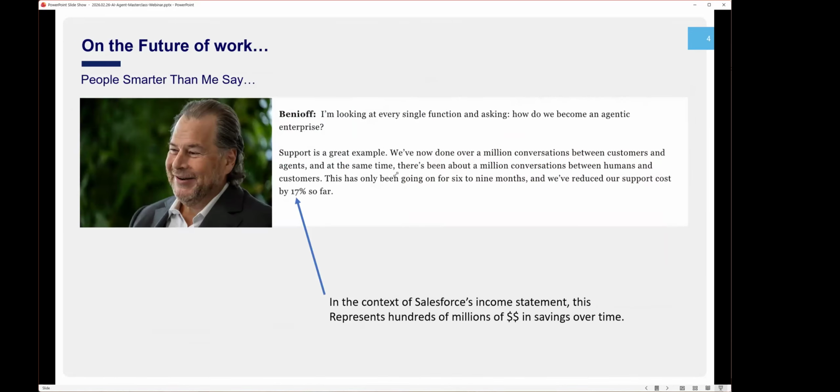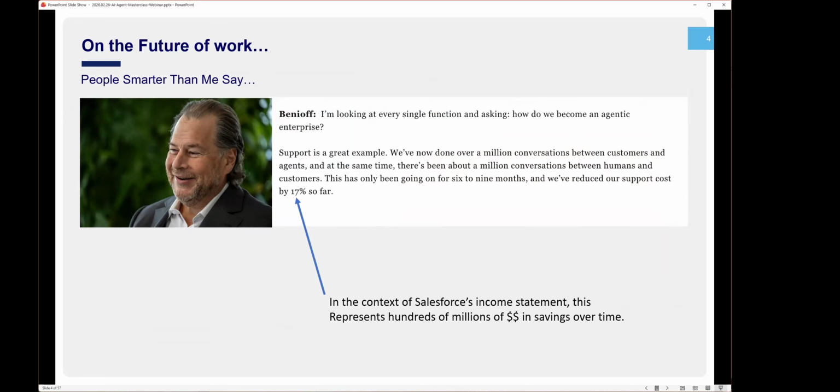And Marc Benioff has come out and said that they've been able to reduce their support costs by 17%. Well, that directly translates into jobs that have been eliminated, right? In the context of Salesforce, I've been a shareholder for 15 years. They spend an ungodly amount of money on managing their customer support and success function worldwide. If you've ever used Salesforce, you'd know why.